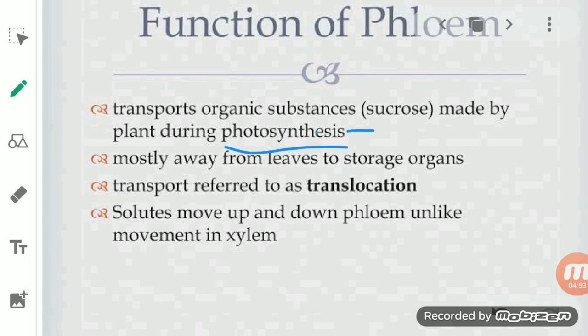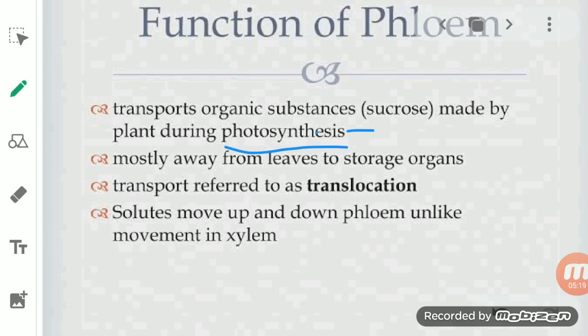But now what happens, the water is collected from the stem to the leaves, and the leaf takes that water and prepares the food by the process of photosynthesis. This photosynthesis gives a result as food. It forms food as starch, and that food is now transported to the different parts of the plant.